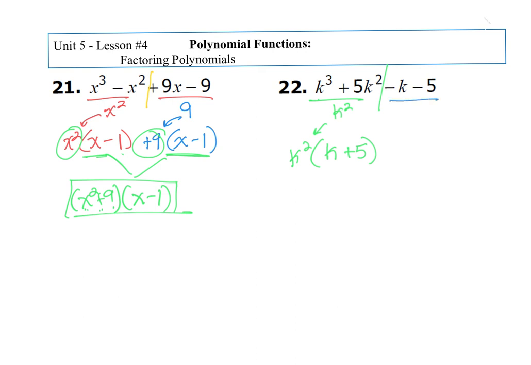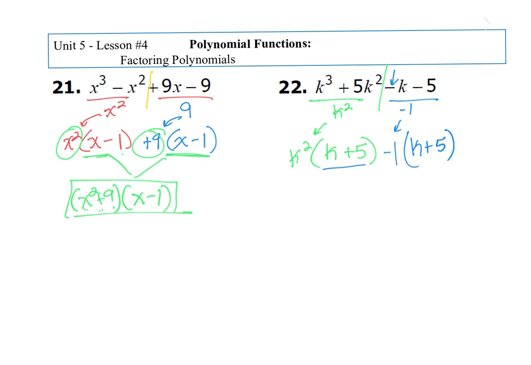Might not look like they have anything in common, but because there's this negative in front, if I just brought it down as it was, it wouldn't match up with this k plus 5. So again, that negative always means we at least have to divide by a negative, so negative 1. Dividing these by negative 1 gives us a positive k plus 5. Wrap it up, negative 1 goes on the outside.